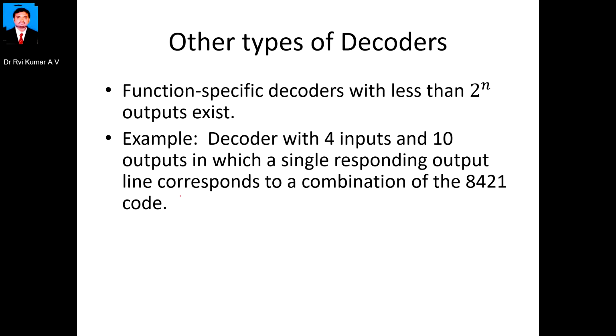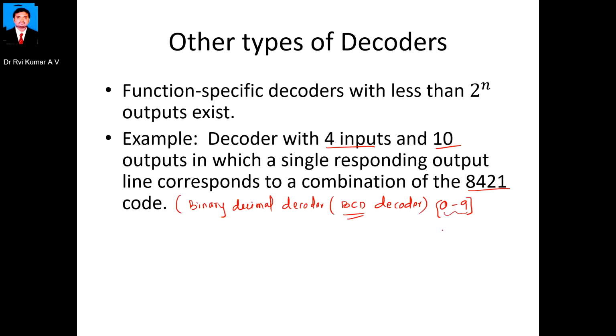This we also call a binary coded decimal decoder, or BCD decoder. It decodes the BCD number from 0 to 9. So we have 4 inputs working with the 8421 code, and we have 10 outputs, lines 0 to 9.